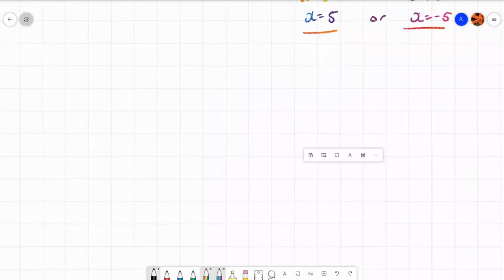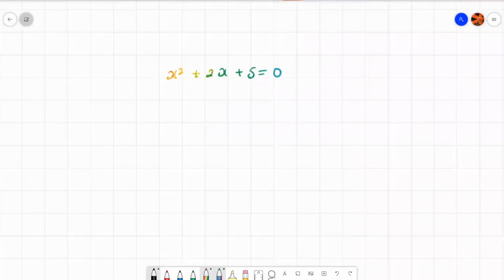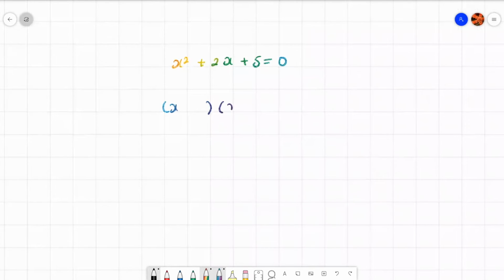Before we finish, you might have something like this. x squared plus 2x plus 5 equals 0. If we were to factorize this, we can't factorize this because the only numbers that times to make 5 are 5 and 1. And we can't make the number 2 from 5 and 1.